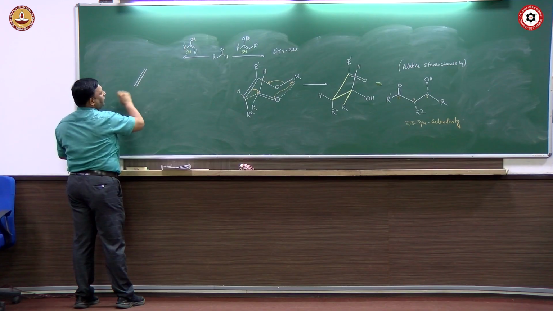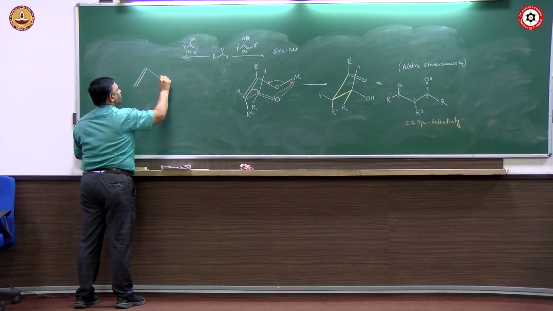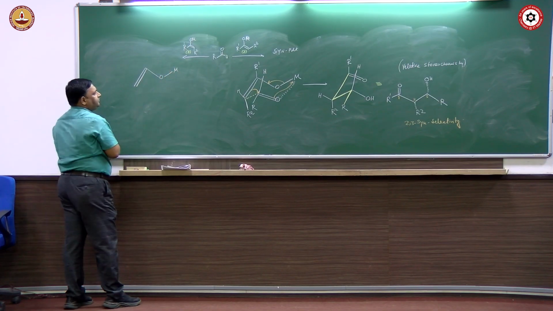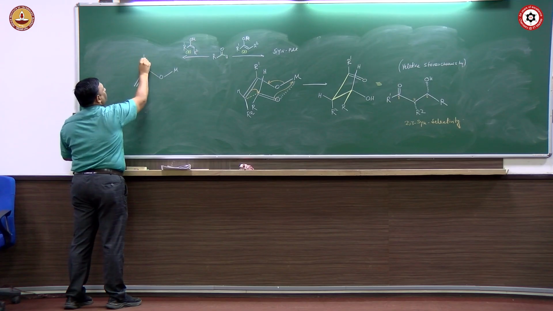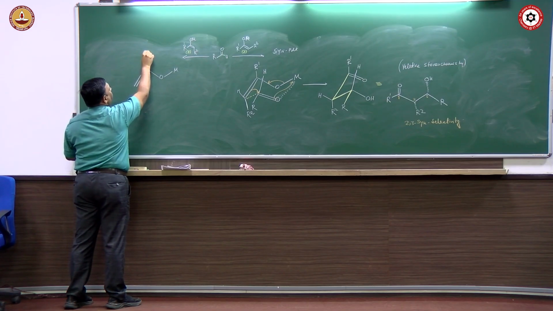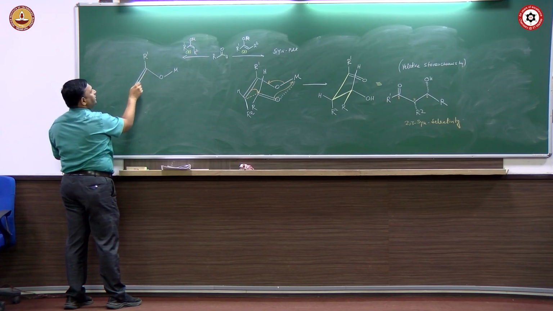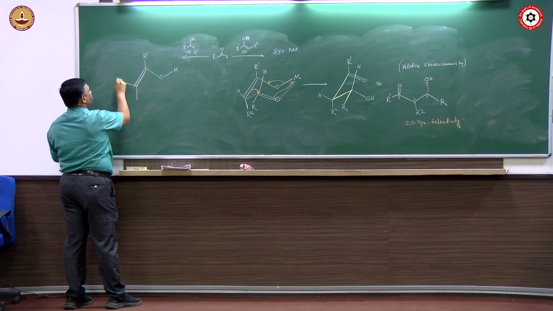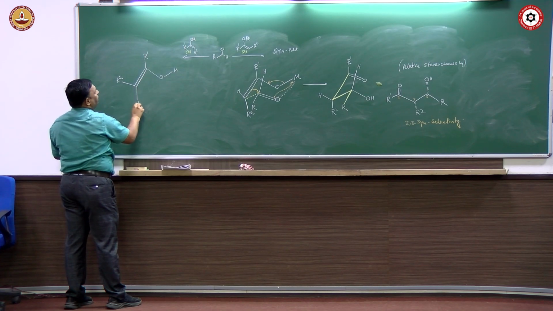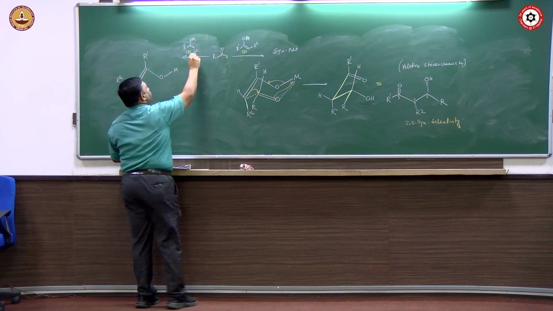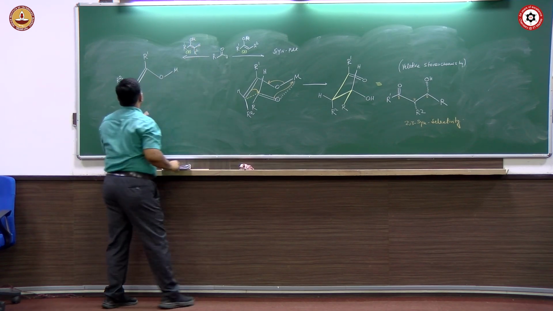So I have an oxygen, a metal center, R1, and now R1 and R2 are on the same side. That means the equatorial and axial positions I am changing now. So R2 and the hydrogen here, because this is the hydrogen and methyl.